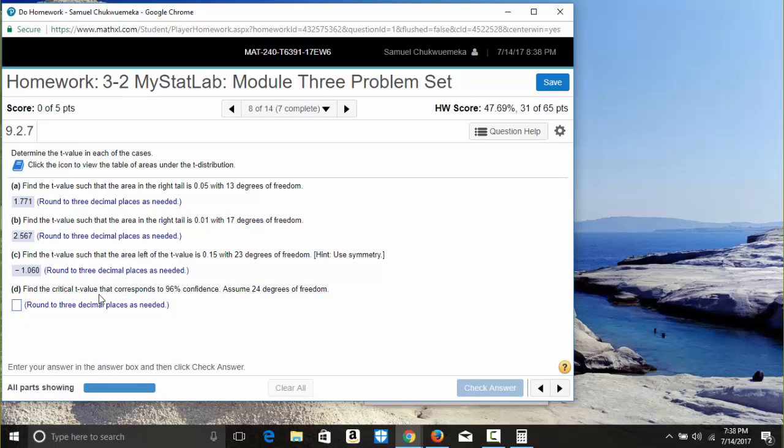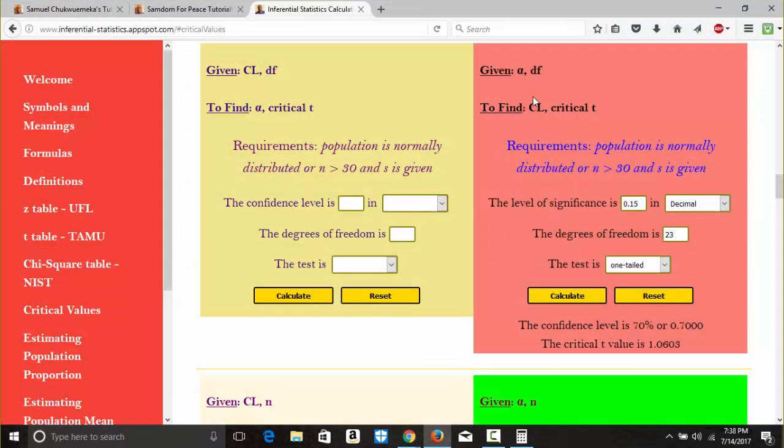And here it says find the critical T value that corresponds to 96% confidence. Assume 24 degrees of freedom. So in this case they gave us the confidence level. I'm not going to use this because this is significance level. I use confidence level, and they say 96%. Select percent.